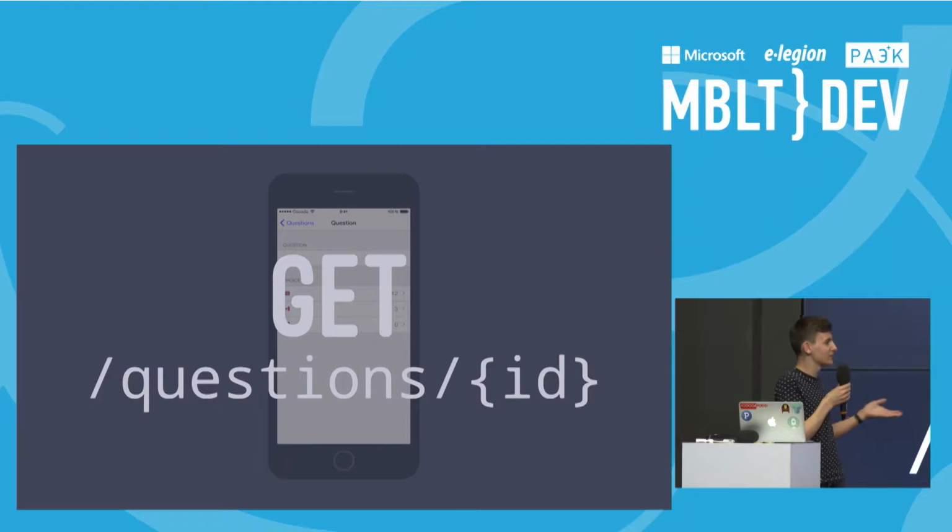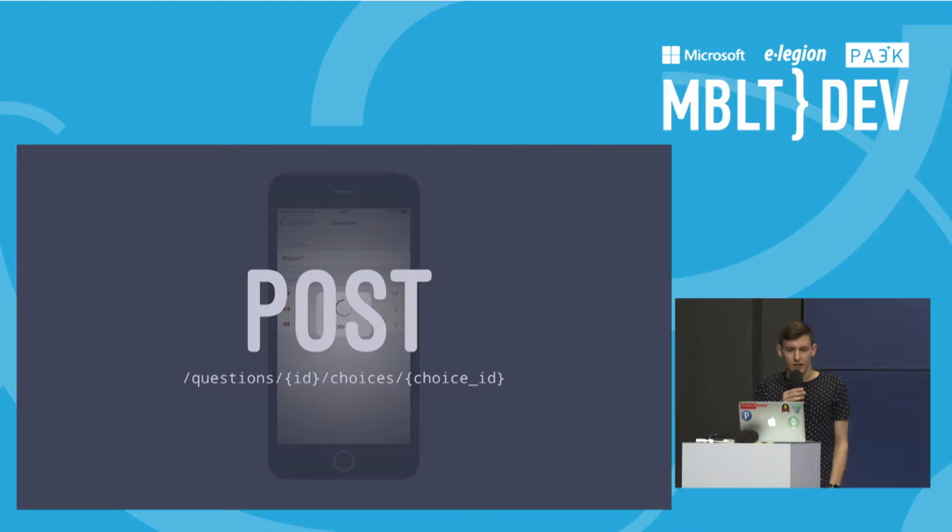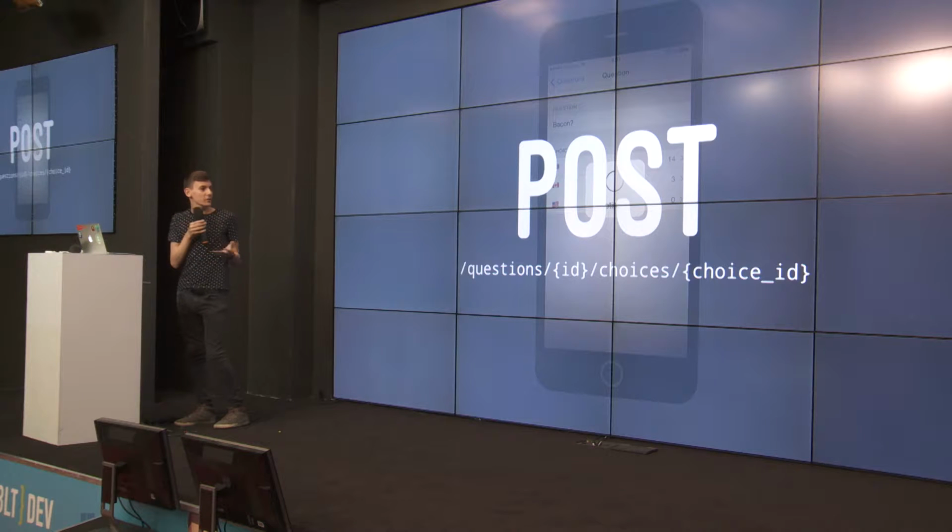It's about the relational database ID, which in an application we really shouldn't know about. And when a user taps on a choice, we again need to construct a URI, this time using two of the IDs for the question and the choice. So we would need to duplicate the business logic on our API if a user can vote on this or not. We need to make a decision on that in the application.